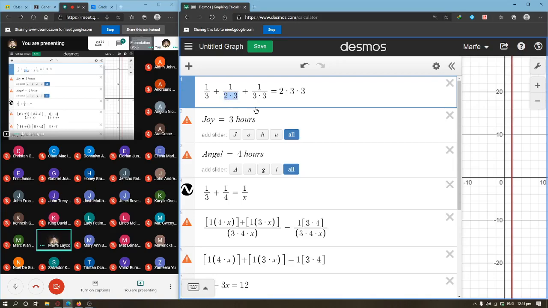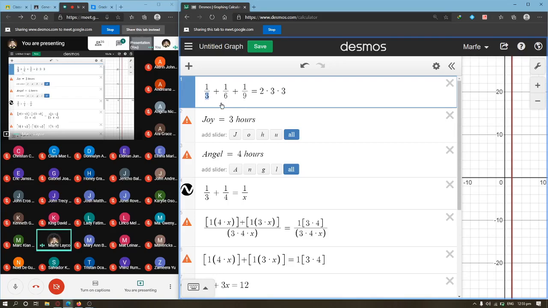Okay. Bakit 2 times 3 times 3? Kasi 2 times 3 times 3 is equal to 18. 3, 6, 9, 12, 15, 18. 6, 12, 18. 9, 18. So, lahat sila nagkita agad dun sa 18 as their multiple.